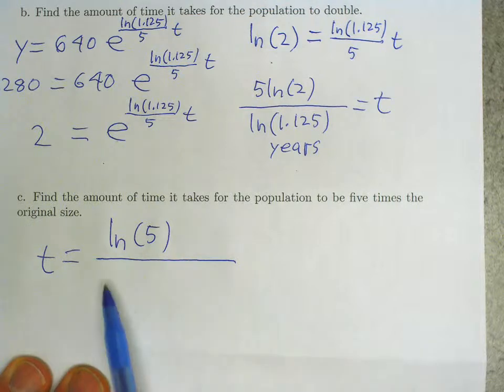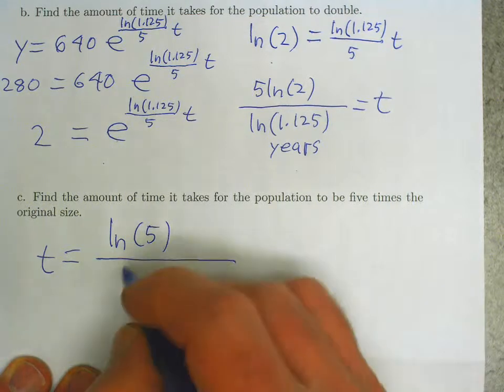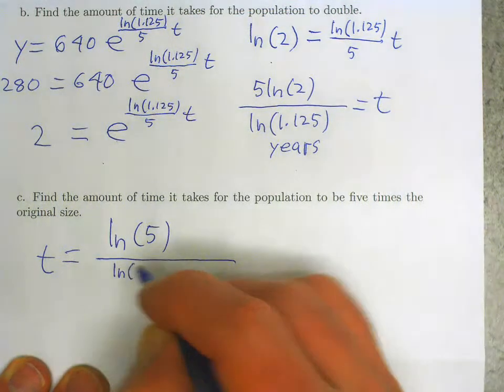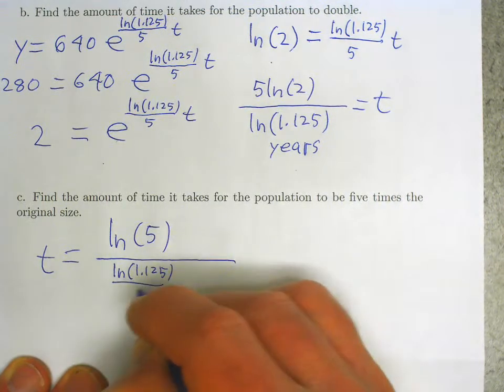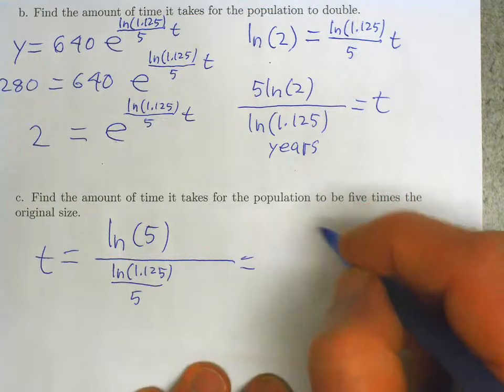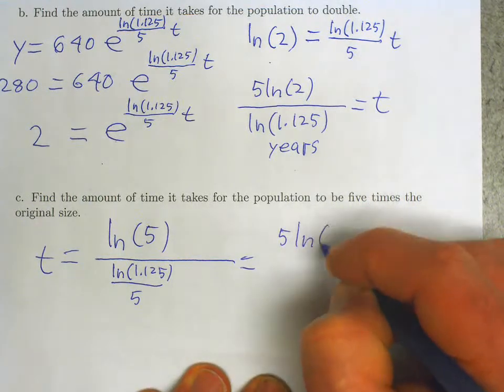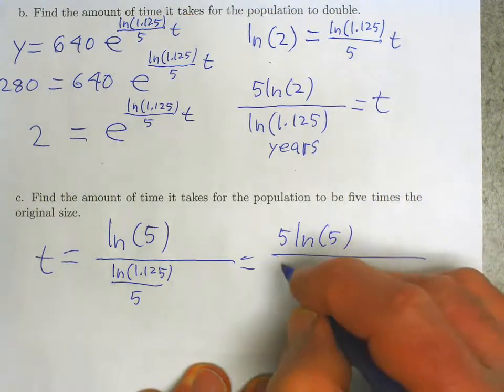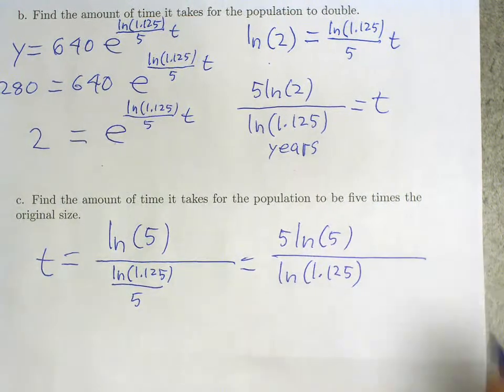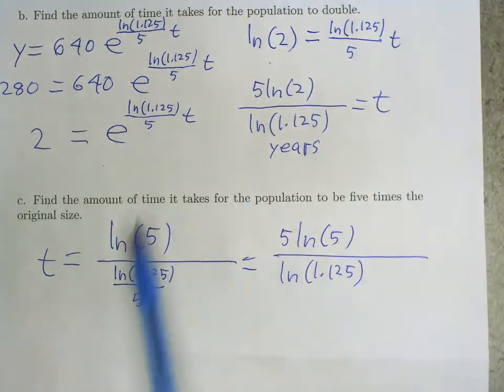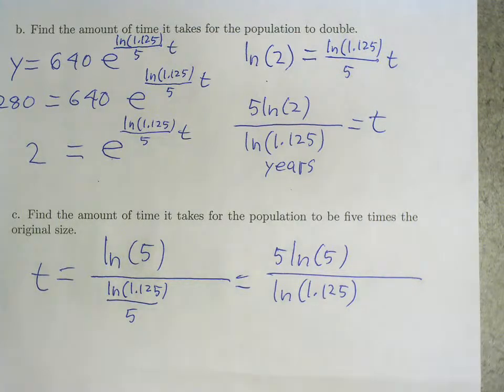So, the natural log of 5 divided by k is the natural log of 1.125 divided by 5. This could be written as 5 times the natural log of 5, all divided by the natural log of 1.125. So if you want to work it out step by step, like the previous example, you can do that.